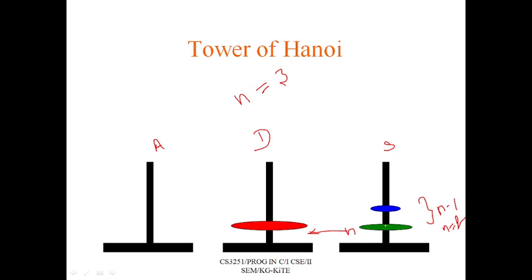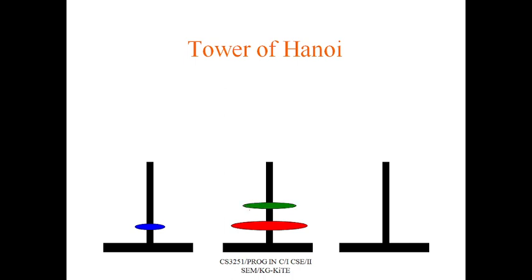In order to do so, I'm moving this blue disk to the auxiliary. Now the source has only one disk, which can be freely moved from here to the destination. It has been done.